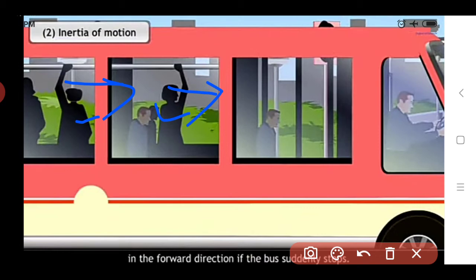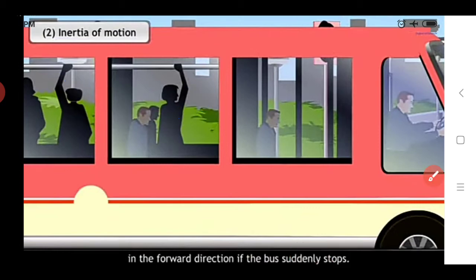So here we see another example of inertia of motion: when the bus is suddenly stopped, the passengers present inside it feel a jerk in the forward direction. A jerk means a feeling like someone falls slightly in the forward direction.